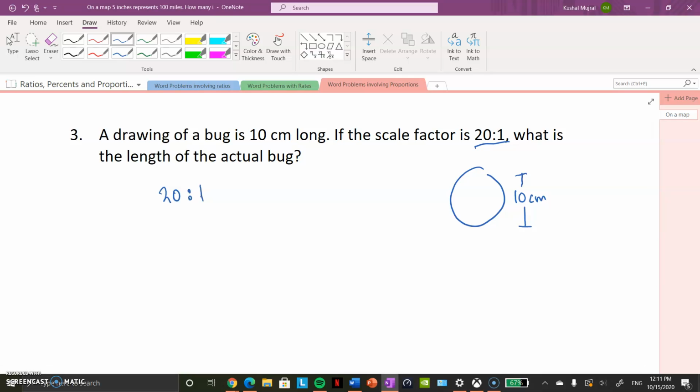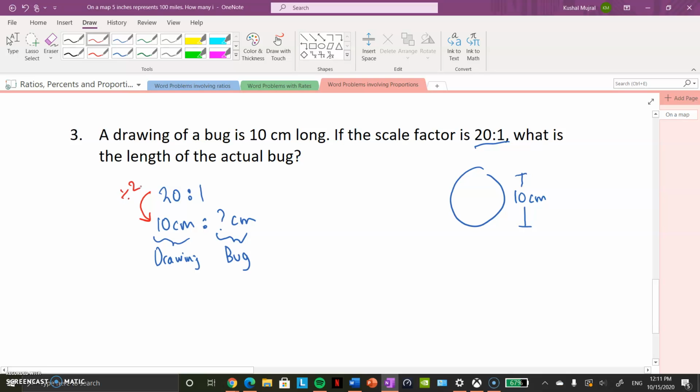We know that the drawing is 10 cm, and then an unknown number of centimeters is our bug. Okay, so what do we do? How do we turn 20 into 10? We divide it by 2. And so what do we do over here? We're also going to divide this by 2.